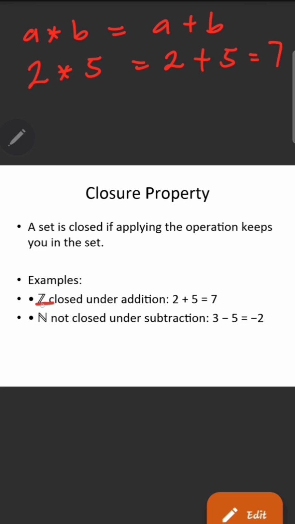Now we have been given a condition here. This is the set. What is the meaning of this Z? Z means the set of integers. And what are integers? Integers are the set of positive and negative whole numbers. So after we add and get 7, 7 is also an element of the integers.